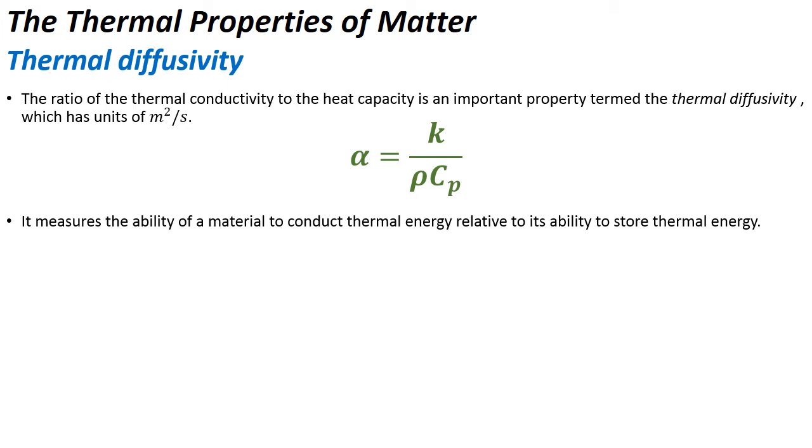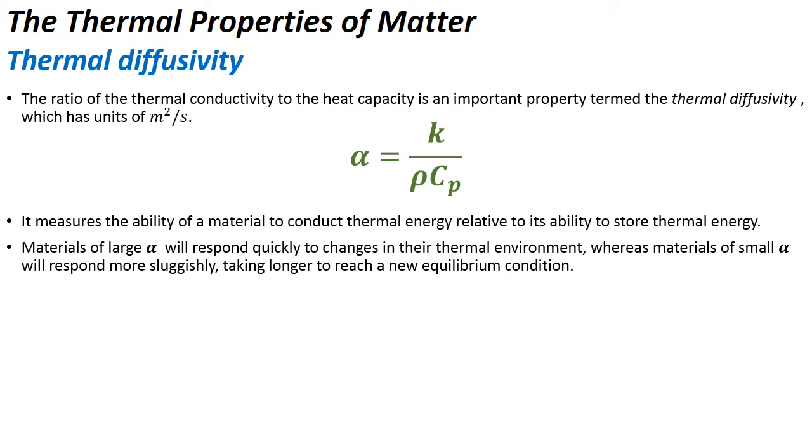It measures the ability of a material to conduct thermal energy relative to its ability to store thermal energy. This property tells us whether a material will conduct energy or store thermal energy.